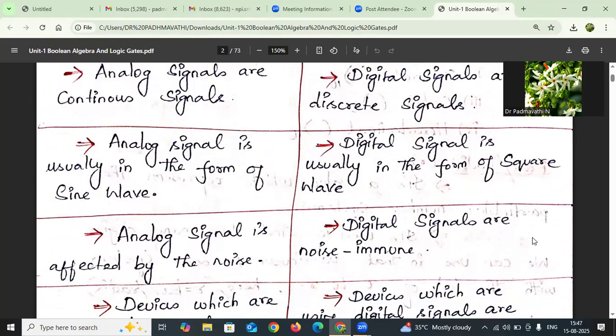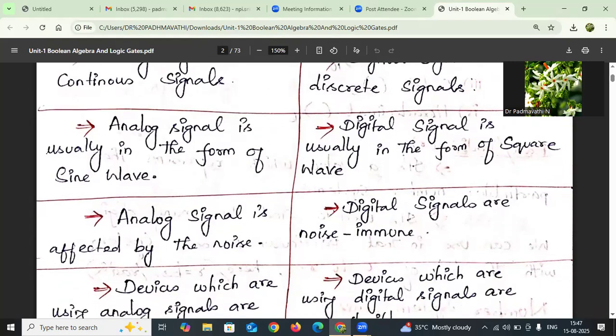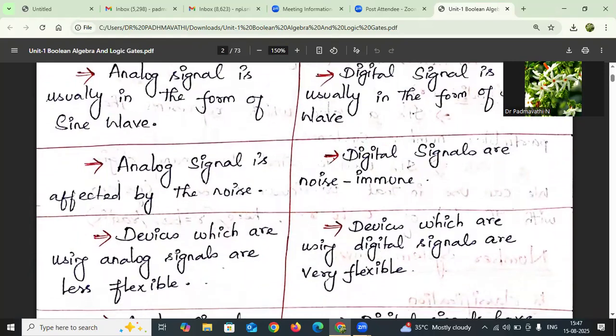That noise is more in analog signals, but in the case of digital signals, they are highly immune to noise disturbance.